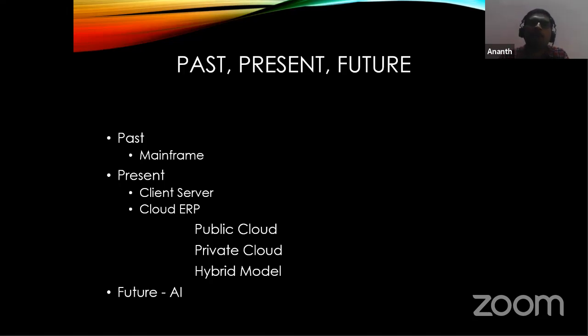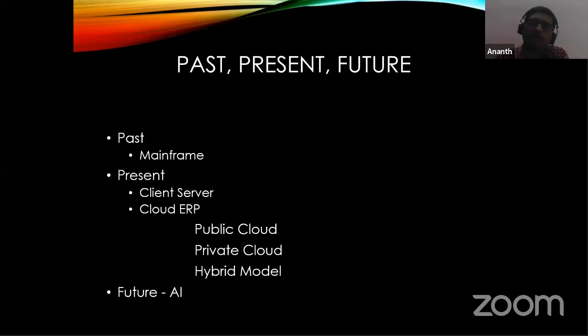They said, we'll go one by one. Let us not go to the cloud straight away. Let us have HR on cloud first, then sales on cloud, and at the end we'll move finance, manufacturing and other things onto the cloud. A lot of guys are on this hybrid model. All the big organizations are on the hybrid model. They are not entirely on private cloud or entirely on public cloud. Small companies are entirely on public cloud. Medium-sized companies have a combination of both.